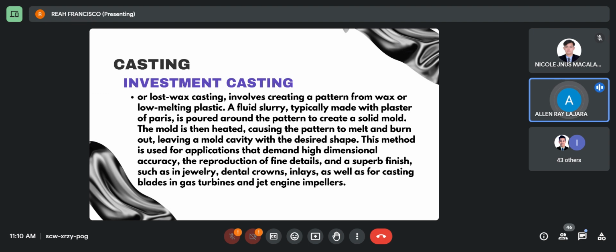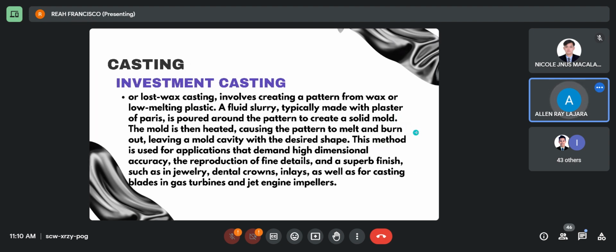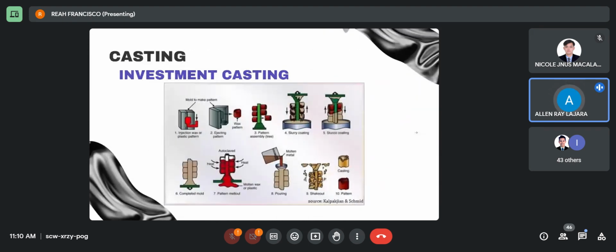So, sa next slide po, makikita po ulit natin yung process kung paano ginagamit yung investment casting. Sa 1 and 2 po, imomold muna yung wax sa gusto nating shape para pag pinur natin yung metal mamaya, ay maging ganong shape yung final object.